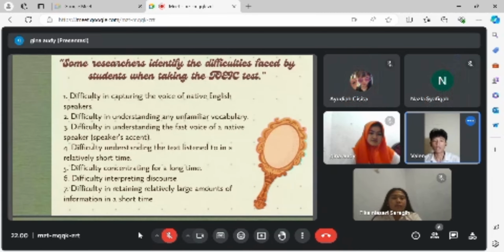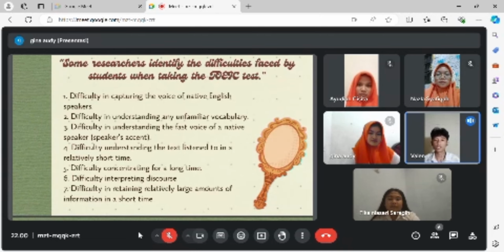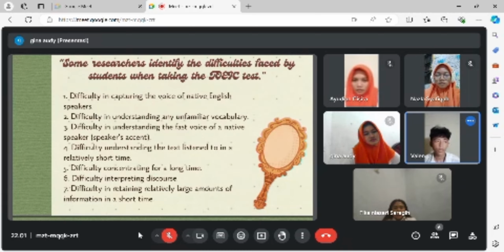Next one is a difficulty interpreting discourse. This involves challenges in understanding and making sense of spoken or written communication, especially when the conversation is complex, includes abstract ideas, or requires understanding of subtleties and implied meanings.